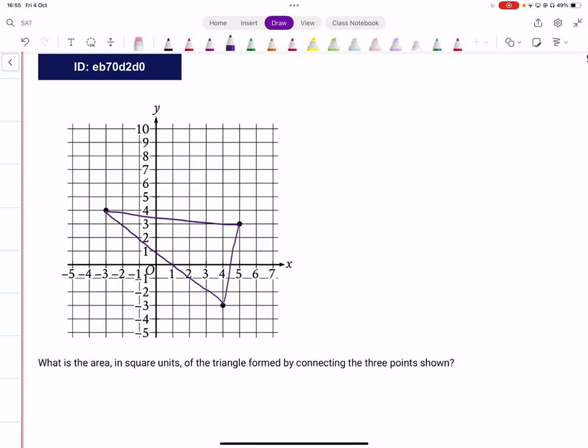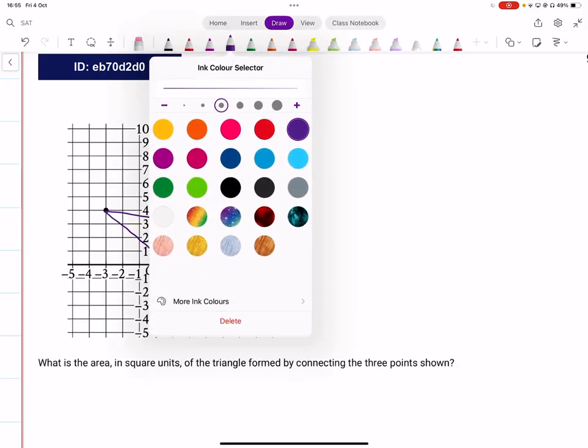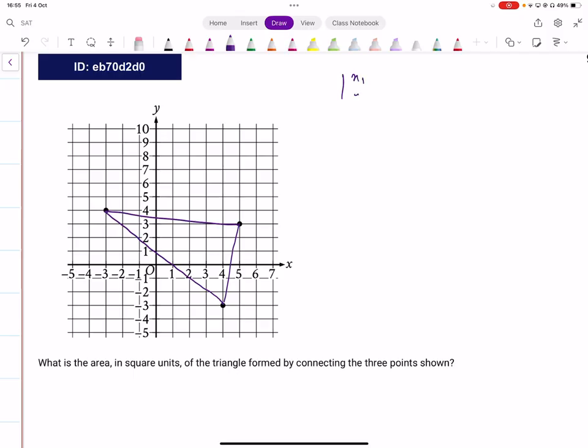Now, one idea that you can use here is the shoelace formula. Those of you who know that. So that formula: x1, y1, x2, y2, x3, y3, and then x1, y1, multiply these three, subtract from these three, you have 1 over 2 outside. That's a long formula. Those of you who know that, you could use that. That's one idea.